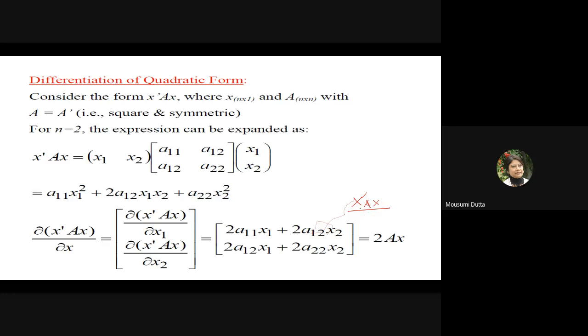Actually, I'm considering x prime and x, which gives square terms. So when we consider the derivative of x square, we get 2x, and A comes back. So this 2Ax format is coming.